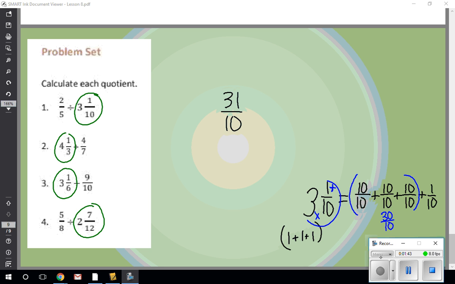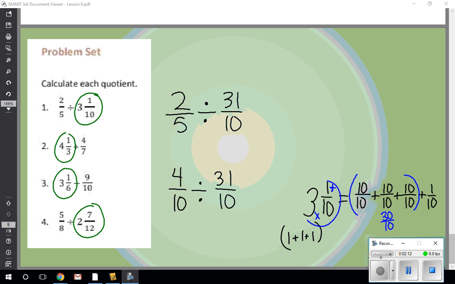So now that I have that set, I can go ahead and follow my same division rules. So 2/5 divided by 31 tenths. I can do it two different ways. I can find common denominators, and in this case, I can take my 2/5 and rename it as 4 tenths, and I can say, oh, 4 tenths divided by 31 tenths.